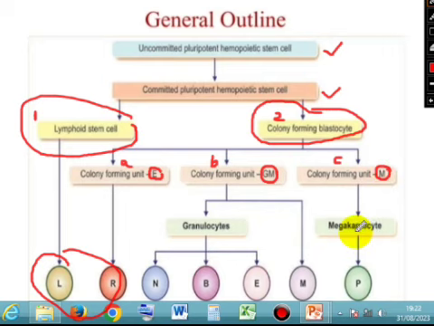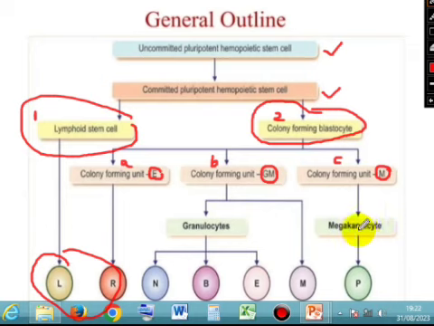The G stands for granulocyte. M stands for what? Monocyte.